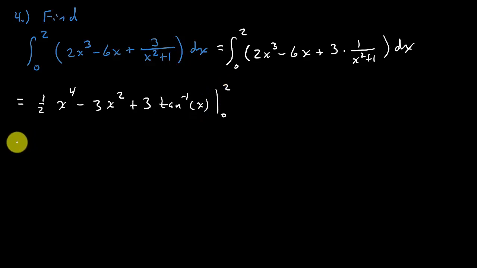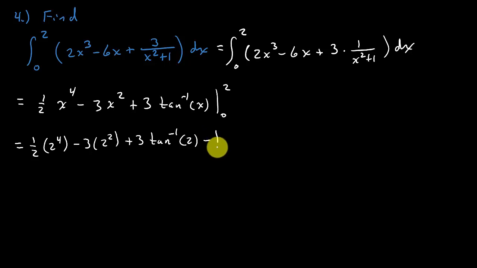All right, so now let's evaluate this. I'm going to plug the 2 in, so I get 1/2 times 2 to the 4th minus 3 times 2 squared plus 3 times inverse tan of 2, minus, and now I have to plug the 0 in.